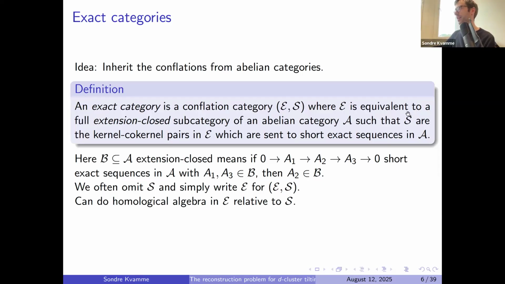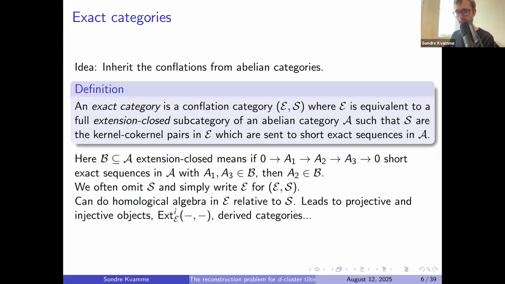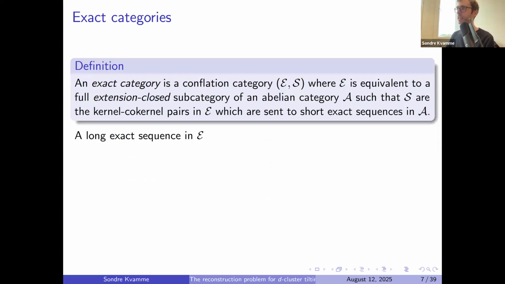And because the conflations in S are inherited from an abelian category in a nice way, it turns out we can also do homological algebra in the exact category, but relative just to those conflations. In a similar way, you can define projective and injective objects, higher Ext groups, derived categories, and so on for exact categories. In particular, we can define long exact sequences.